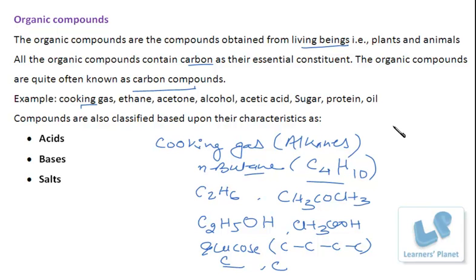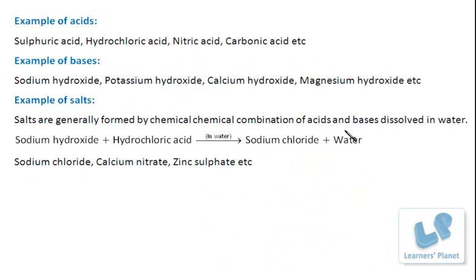And the compounds obtained from living things are what? Organic compounds. Now compounds are also classified on the basis of their characteristics as acids, bases and salts. What are these? Acids, you all must be knowing, students, they are highly corrosive, right?